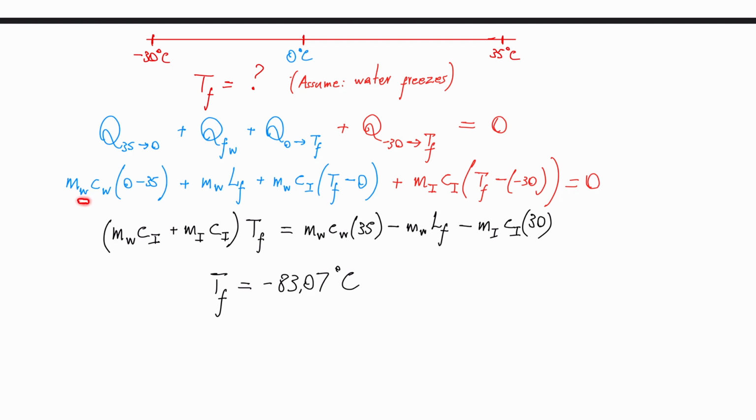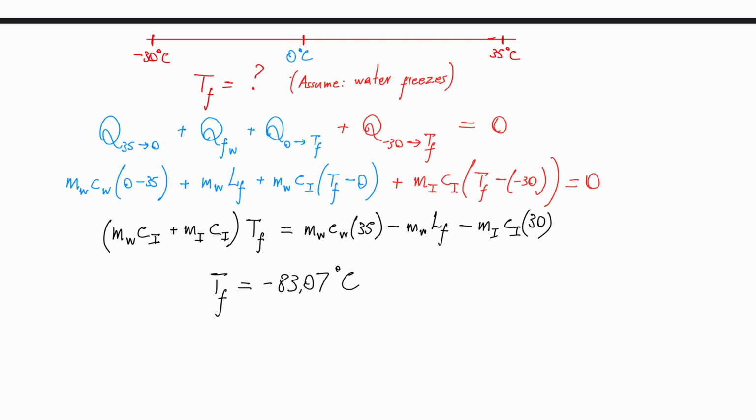Water going from 35 to 0, this is how much heat it will lose. In being phase transitioning from liquid to solid, this is the amount of energy that will be associated with that. But now, once the water has frozen, its specific heat capacity is no longer CW, but it's CI for ice.